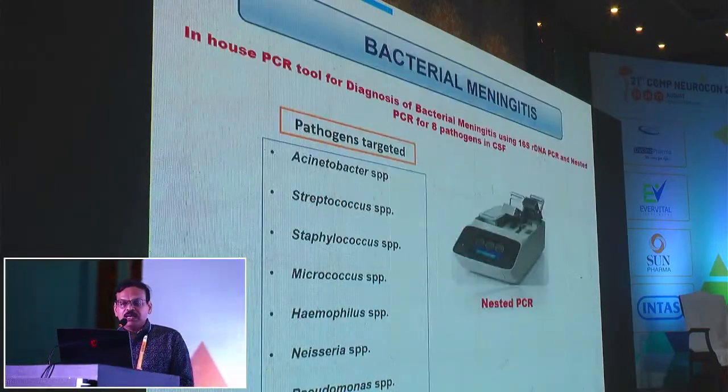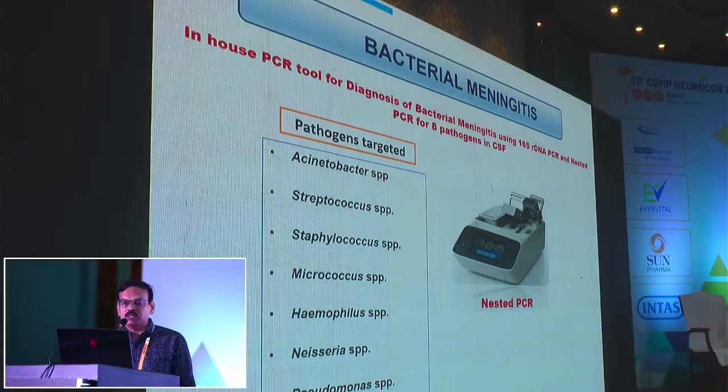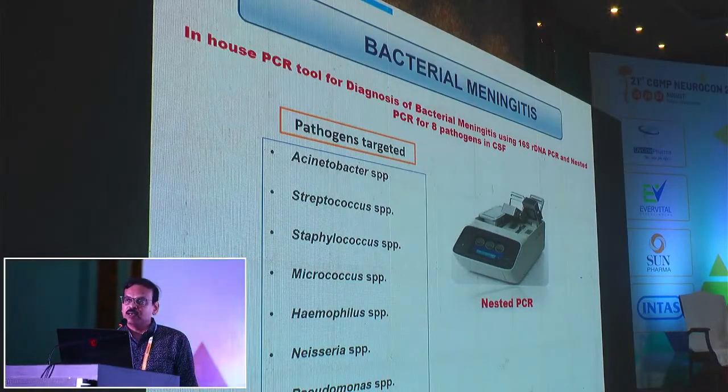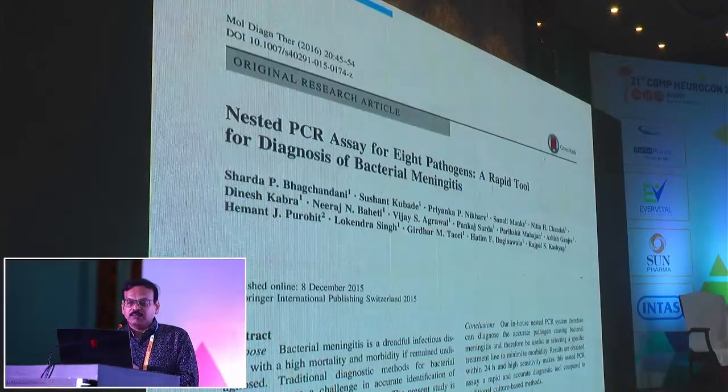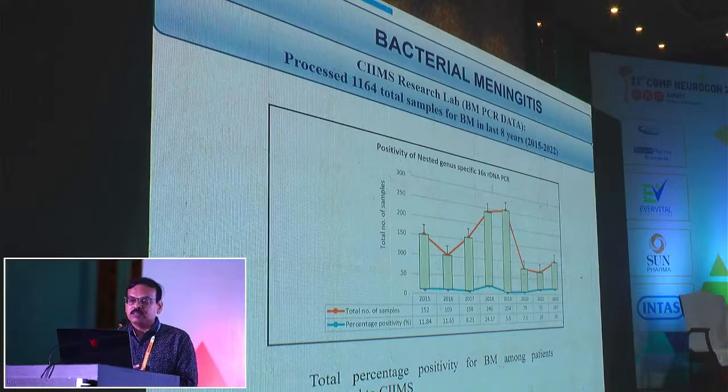Our lab then later moved on to look at various bacterial meningitis patients, and we developed an in-house technique looking at 16S DNA PCR, and we developed a nested PCR for 8 different common bacteria, and we wrote up this paper, and this is our data in the last 8 years.